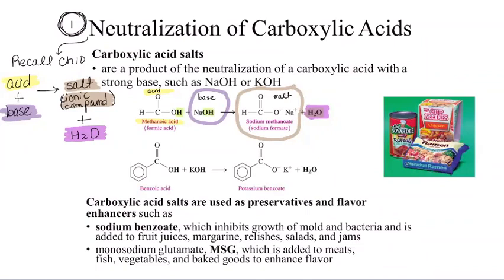Now, there are people that are sensitive to MSG, so that's one of the things that you have to be aware of. But when it comes to MSG, understand that this is actually a compound that is made out of an amino acid.